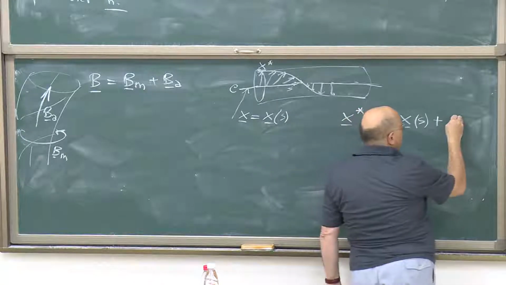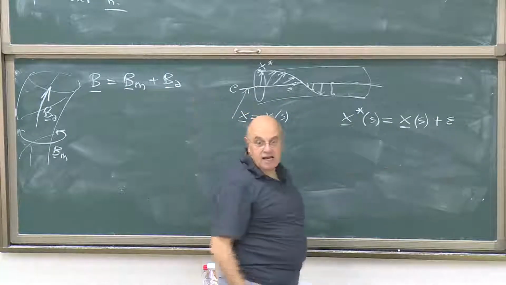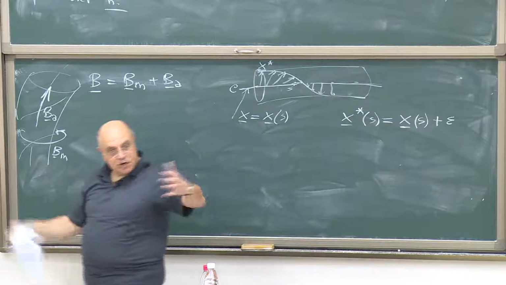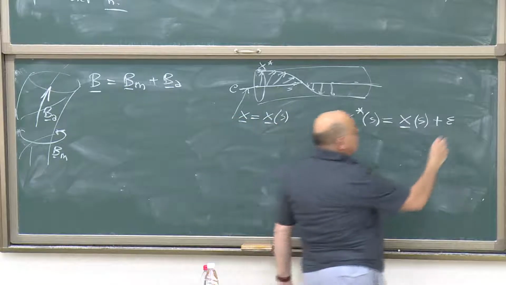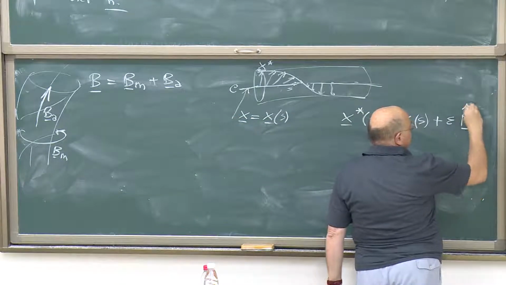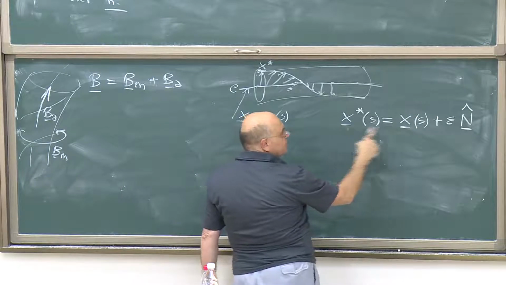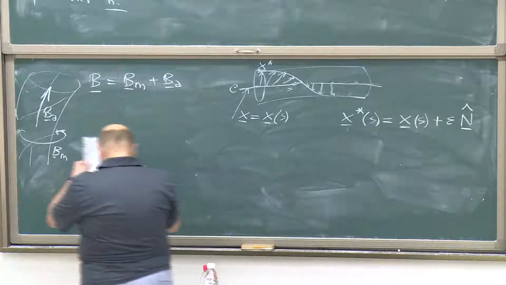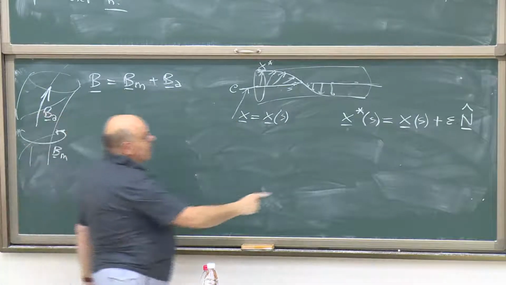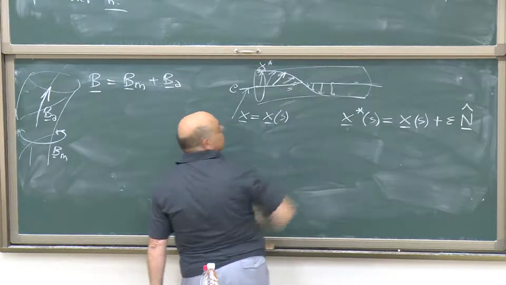Let's take a small parameter epsilon compared to the scale of the tube, in a normal direction, a unit normal n. So you construct the second curve through the first one. So this n is one of these arrows here.